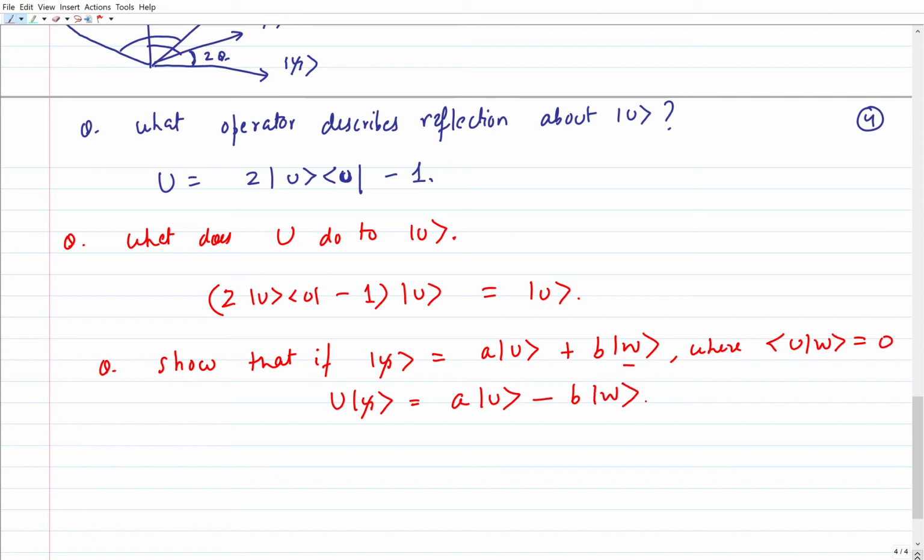So you will get a minus sign over here. Also, you can show the operator is indeed unitary.